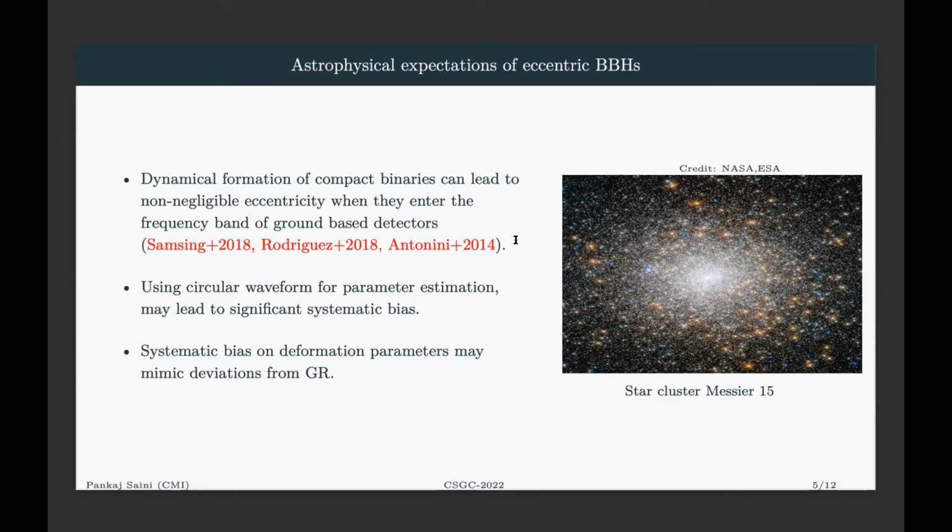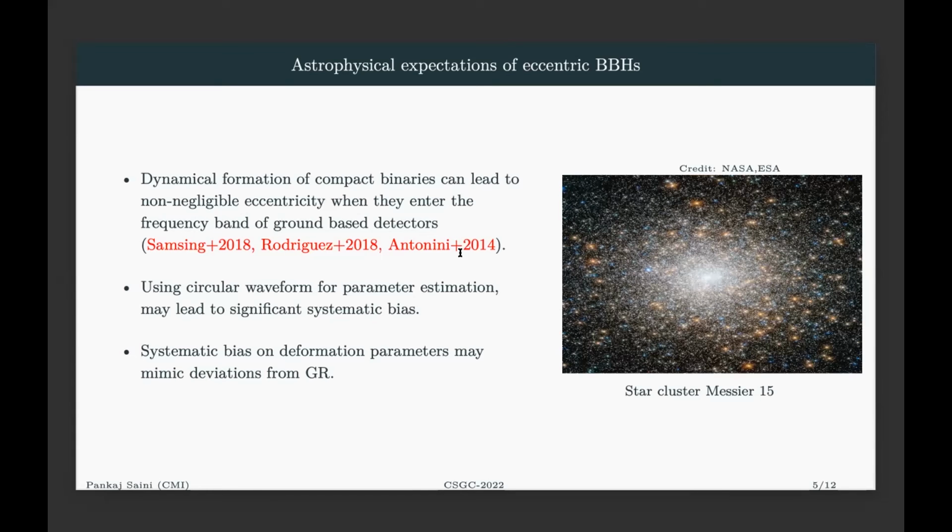So you said that a significant fraction may have significant eccentricity for which the systematic bias may be comparable to the statistical. So what is that fraction? Yeah, if you go to these references, suppose this reference, they performed n-body simulations on these globular clusters and the nuclear star clusters.